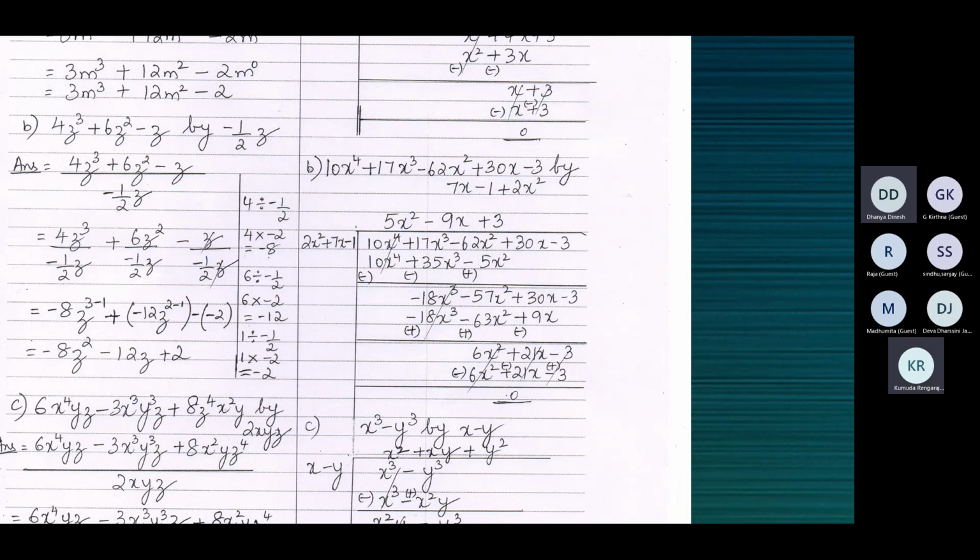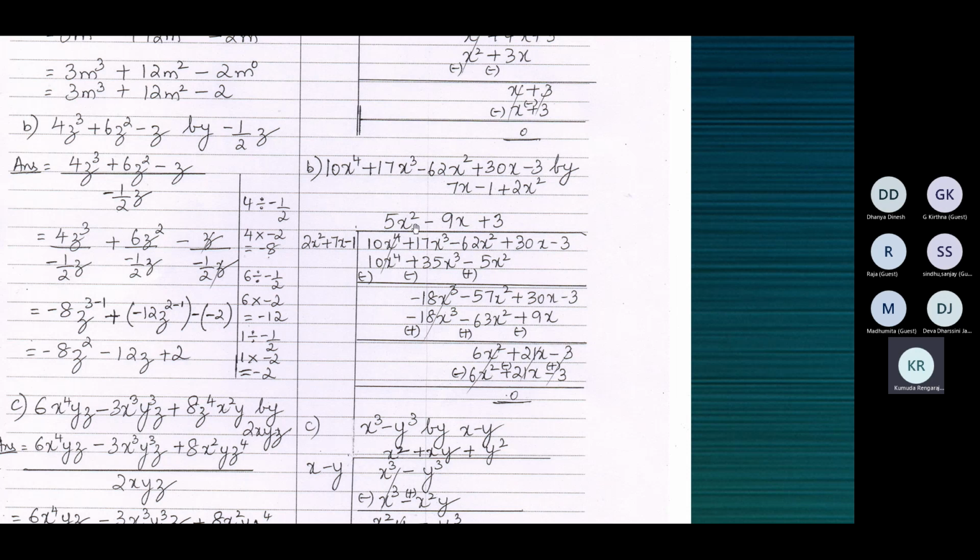Correct. You must multiply 5x square with 2x square plus 7x minus 1. So multiply 5x square and 2x square and write it. When you multiply x square and x square, you will get x to the power 4.